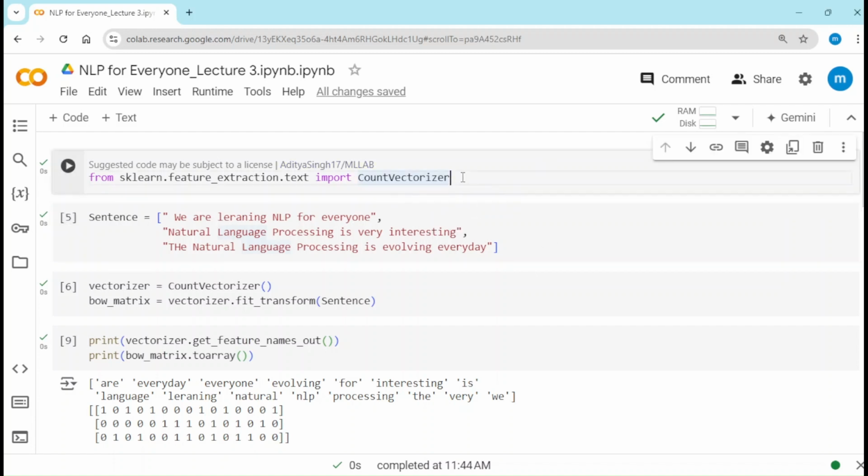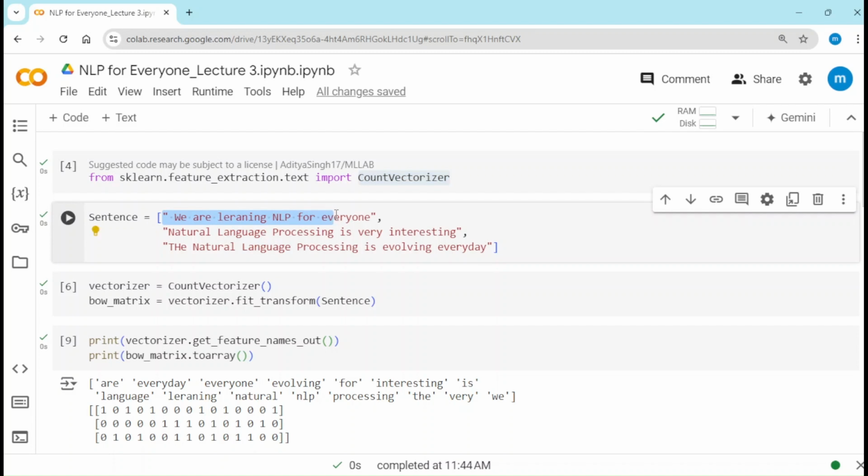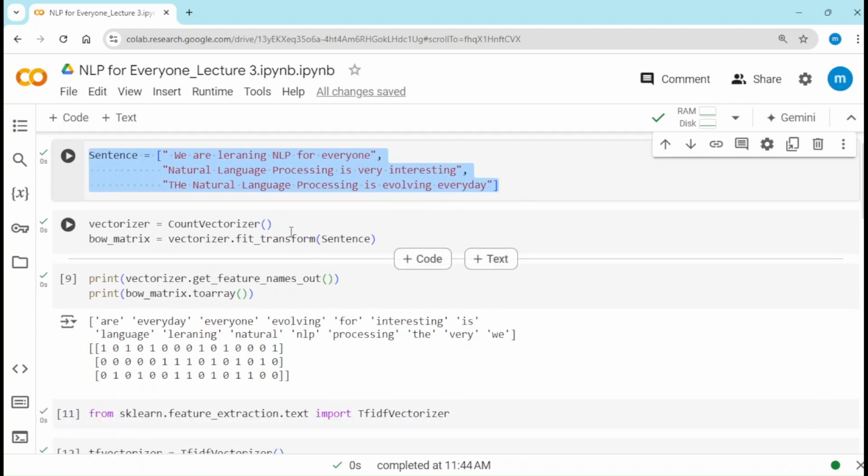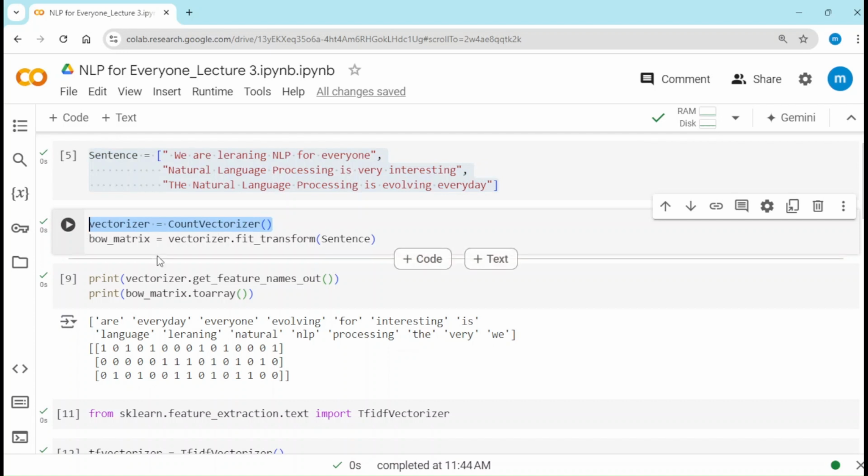I'm using the sklearn library for the count vectorizer, and these are the sentences. I have three sentences: We are learning NLP for everyone. Natural language processing is very interesting. And natural language processing evolves every day. I club them into a list, then initialize the count vectorizer, and call the method fit transform, so that it will convert all these sentences into ones and zeros form.